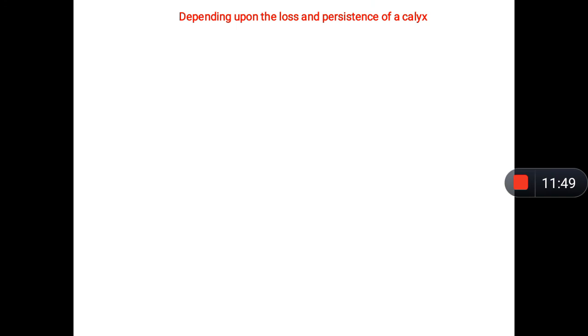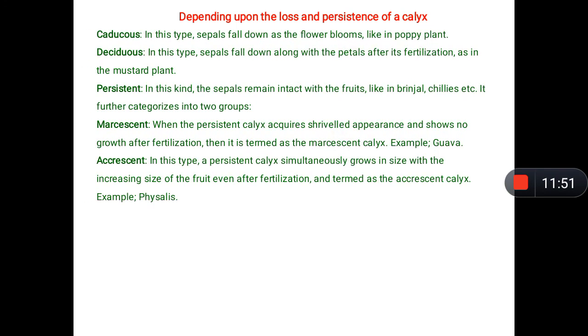Again they are divided into these parts, caducous, deciduous. If they are persistent, then there are again two types. So caducous, in this type, sepals fall down as the flower blooms, like in poppy plant. That means when the other parts than calyx emerge out, the calyx falls out.